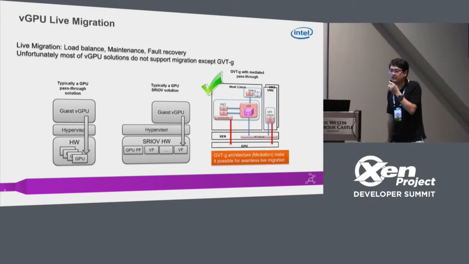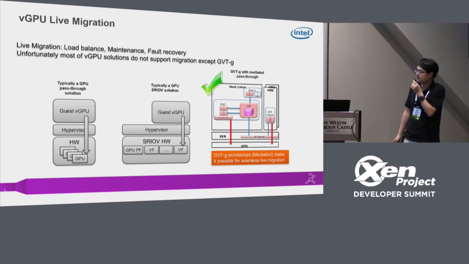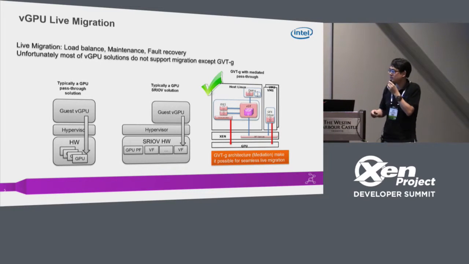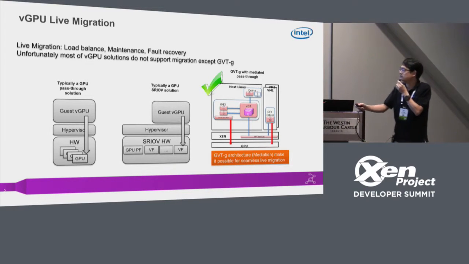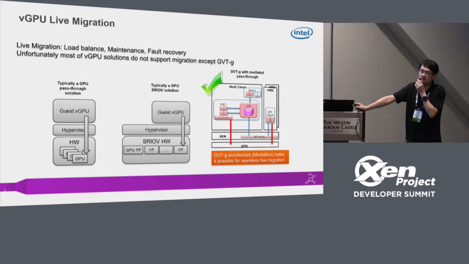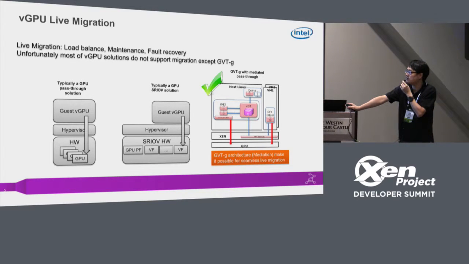Again, this is essentially very similar to the pass-through case. So the same problem: you don't know the detailed information on the current state of the VFs. So this is also very difficult to migrate.